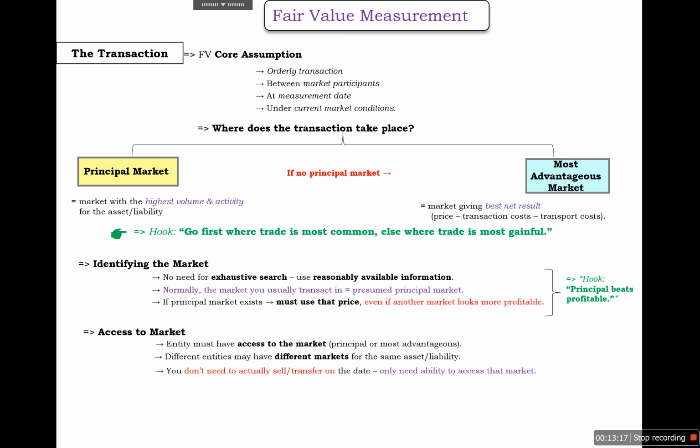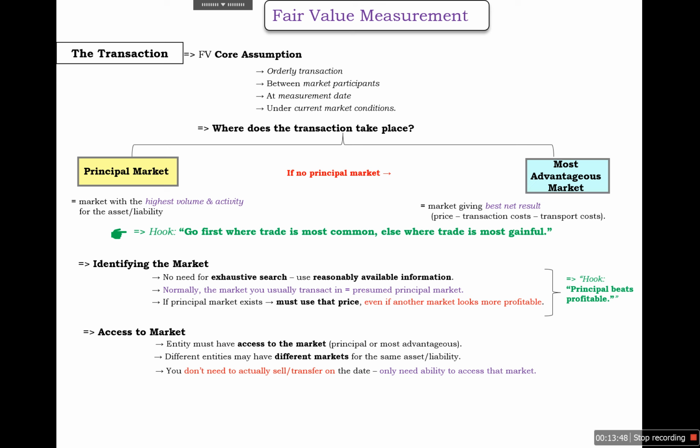Another entity may have a different principal market, and you don't need to actually sell or transfer on that date. When we are measuring the fair value, we only need to have access to the market. Whether actual transactions happen doesn't matter. Only the entity whose asset, liability or equity instrument is going to be valued for that particular period should have access to the market.